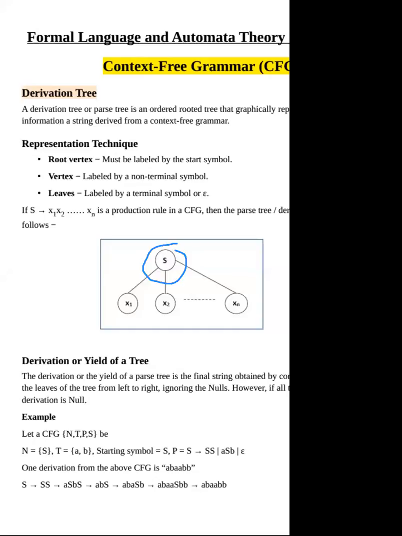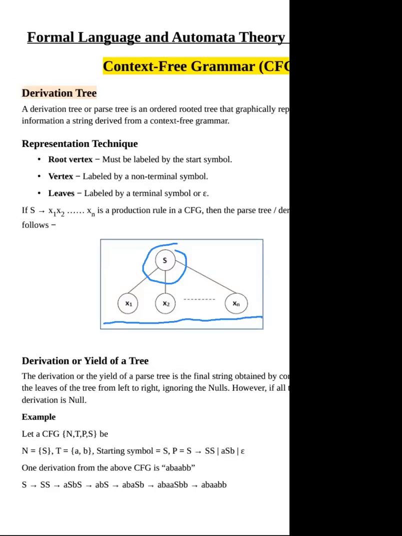Now the leaf nodes. What is a leaf node? Anybody? It might be the end point, something that doesn't have a child. Exactly. A node that has no further child is a leaf node, right?